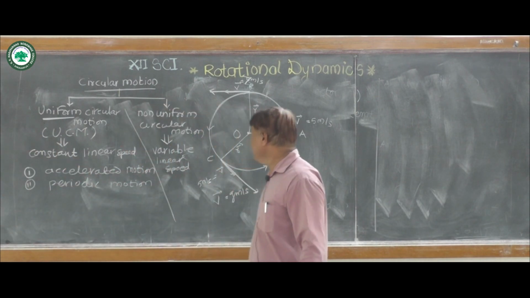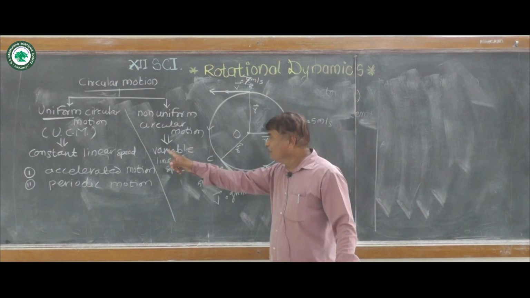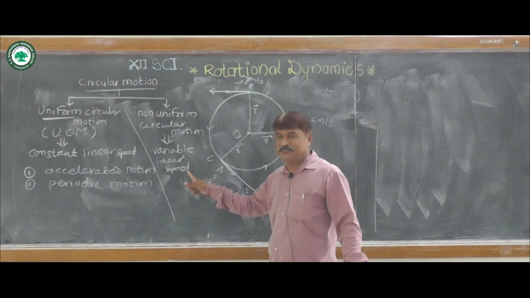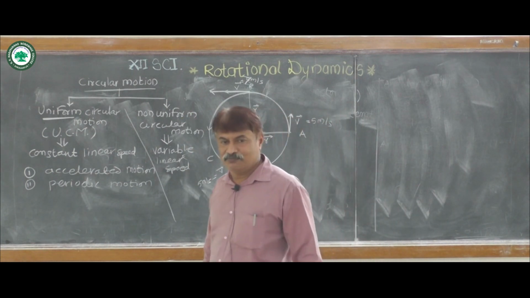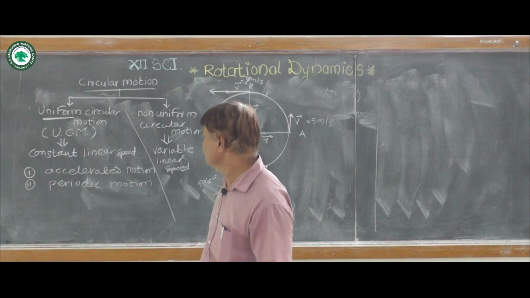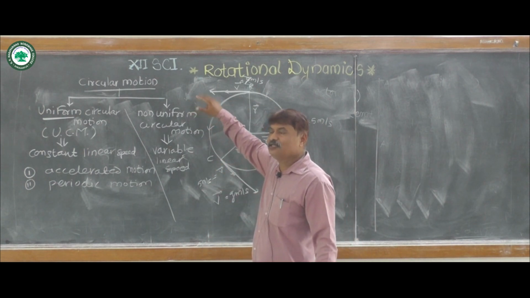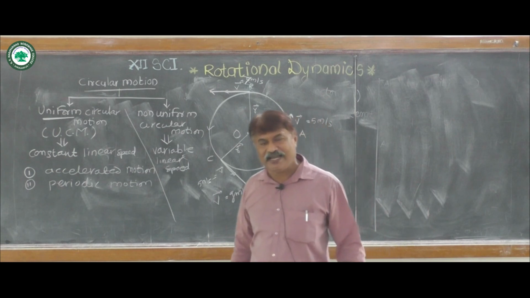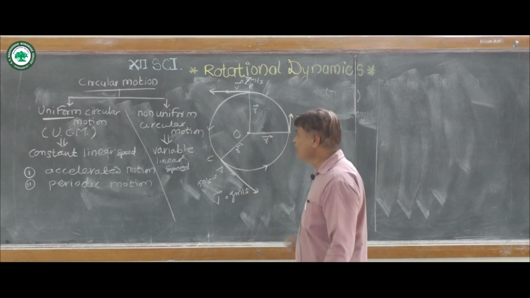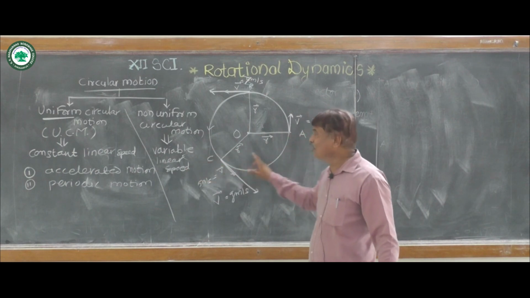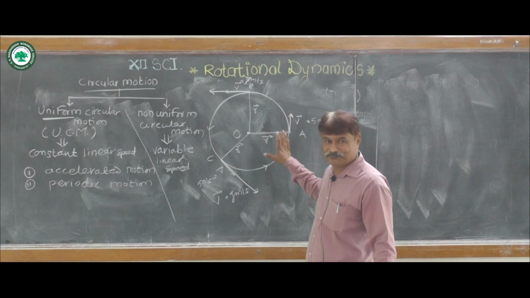That's why in non-uniform circular motion there is variable linear speed, and that's why it is called non-uniform circular motion. So what is the definition of non-uniform circular motion? The motion of an object along the circumference of a circle with variable linear speed is called non-uniform circular motion, as in this diagram.